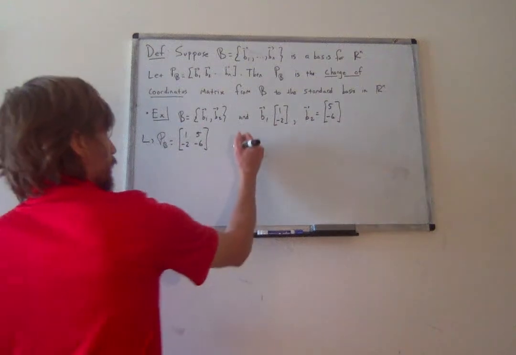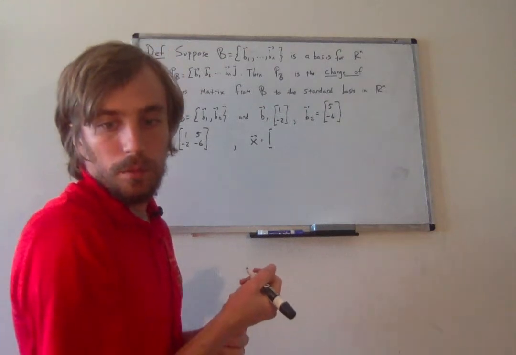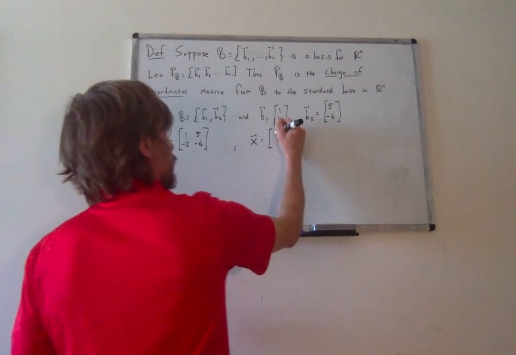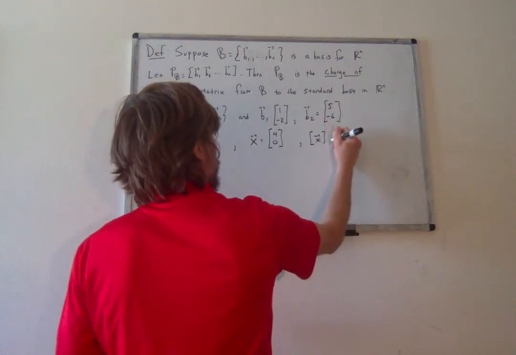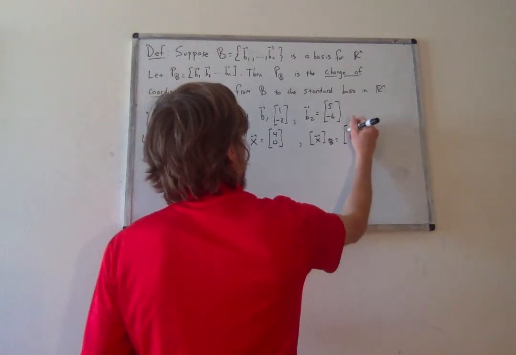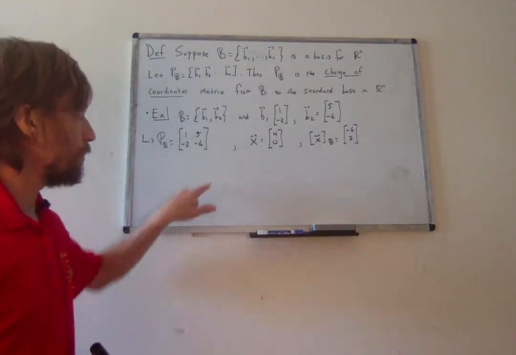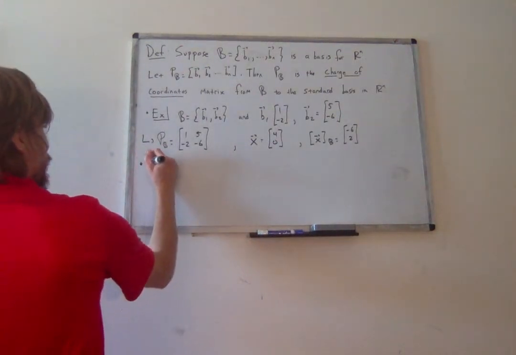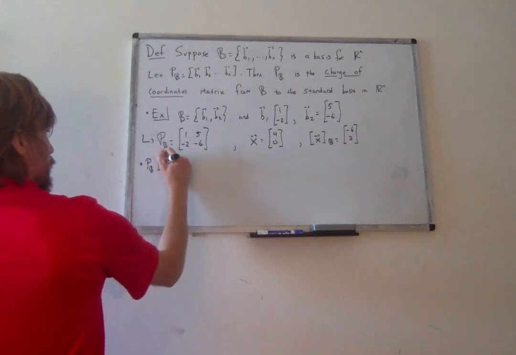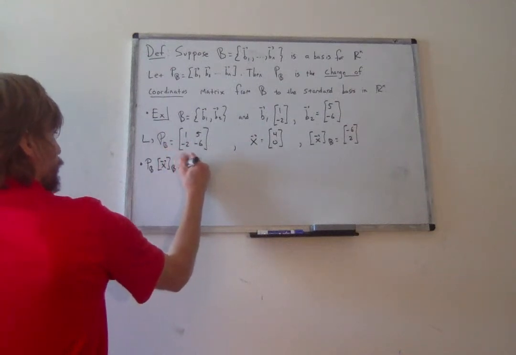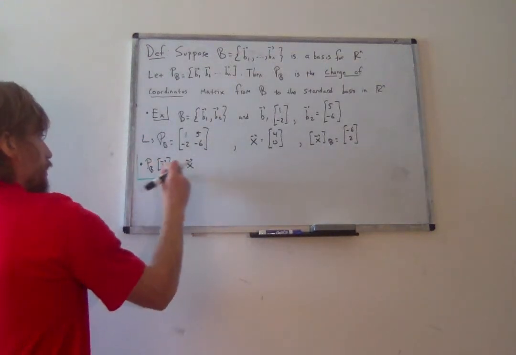So notice here, when we were looking at this vector x, which was equal to the vector 4, 0, and we calculated that the B representation of x is equal to -6, 2, I think it was. What we eventually showed was that P sub B times the B representation of x is equal to x, right? So this was what we observed in the previous example.